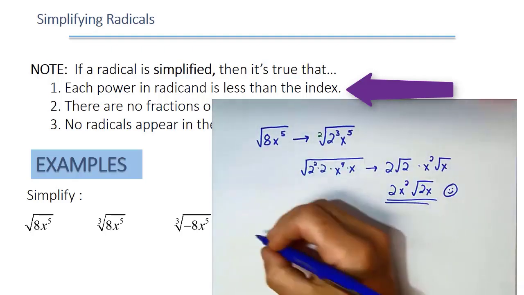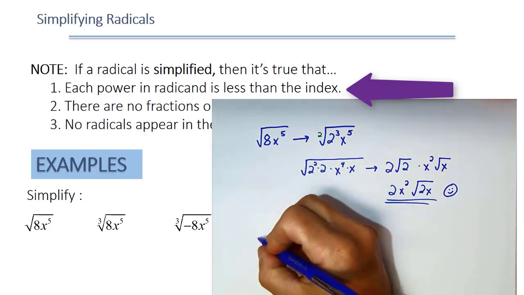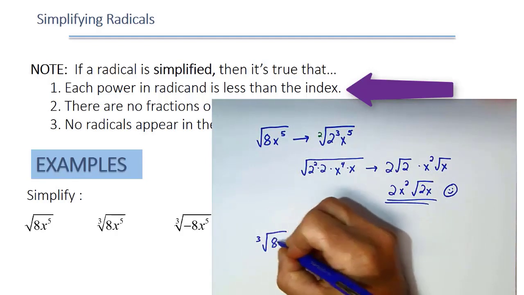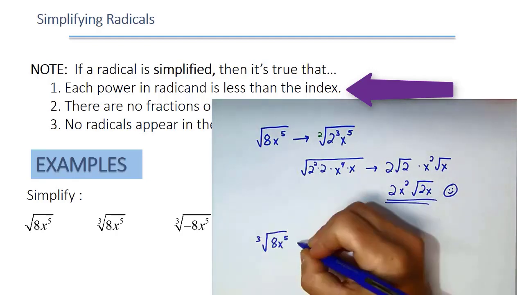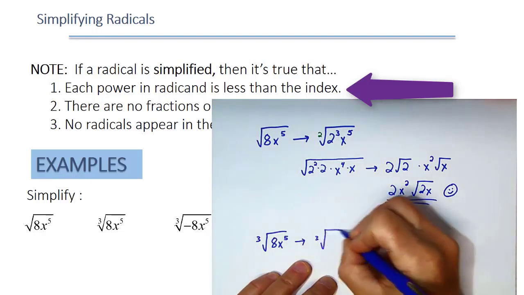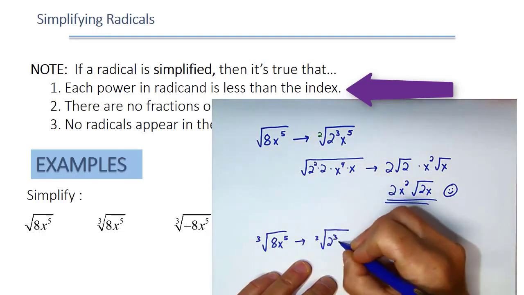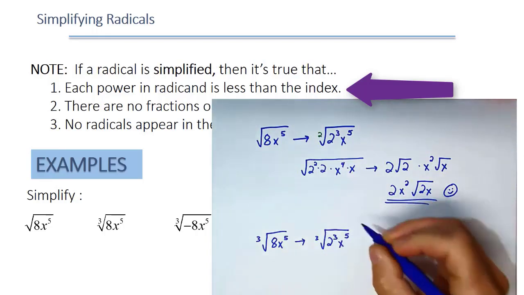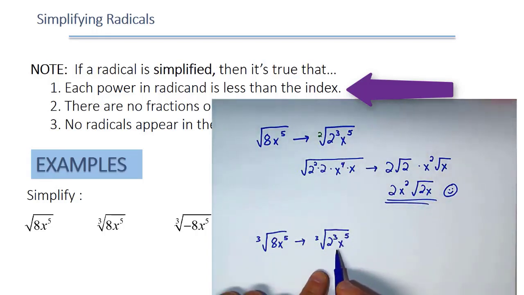Now, let's do the exact same radicand, but a different index. What about the cube root of 8x to the fifth? If we were to do that, we would say the cube root of 2 to the third x to the fifth. But we know what the cube root of 2 to the third is. That's going to be 2.